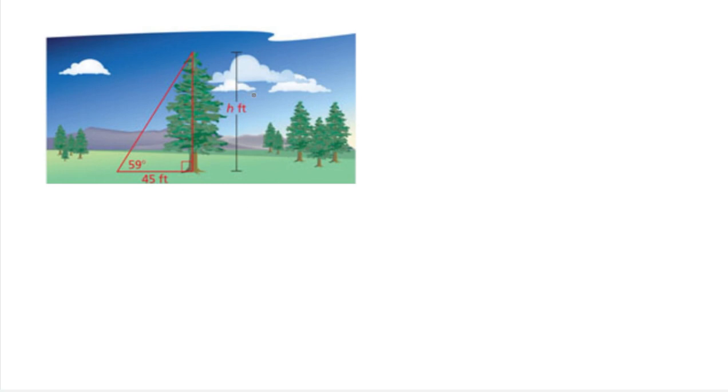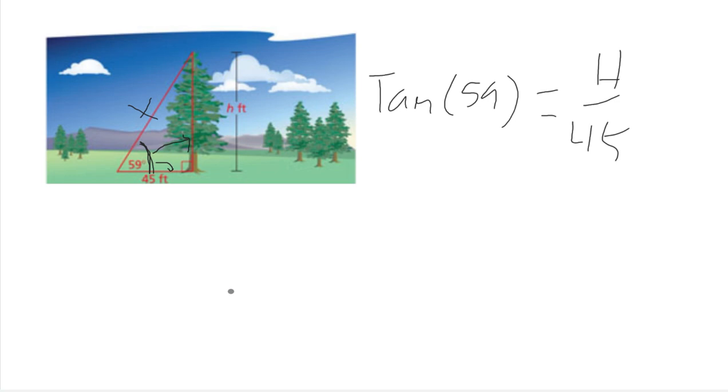So I can now use my calculator, and this has the ratio of it plugged in. So I know I'm going to be using opposite and adjacent, and I'm not using the hypotenuse. So I know I'm using tangent. So tangent of 59 is a button on my calculator. It's going to equal opposite, which is h, over adjacent, which was 45.